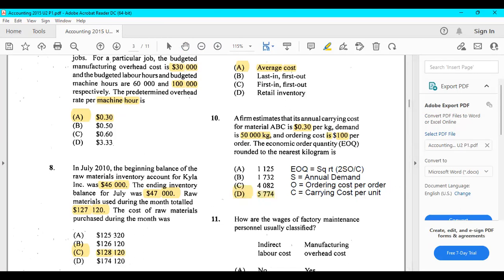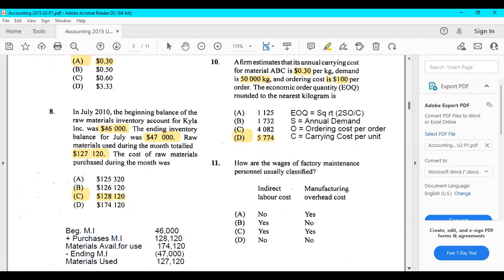All right, number 11. How are the wages of factory maintenance personnel usually classified? Factory maintenance personnel, right? How are those wages classified? They work in the factory, right? They do work in the factory. But are they directly connected or associated with the manufacturing of the product?